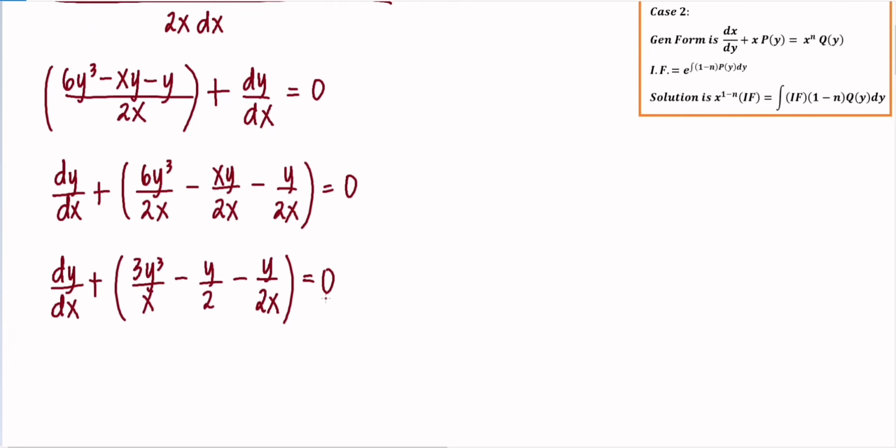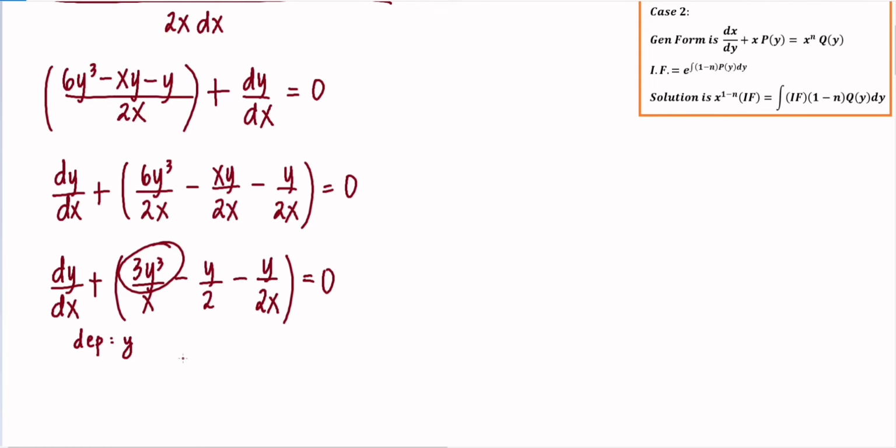Kung natatandaan ninyo guys, sa linear differential equation of order 1, di ba ang mga naiiwan dito sa katabi ng dy over dx ay yung mga may variable na y. Kasi ang dependent variable natin dito ay y. Ibig sabihin, kapag sa order 1, ang naiiwan dito ay lahat ng variable na y. Yun ang kaibahan nito kay Bernoulli.